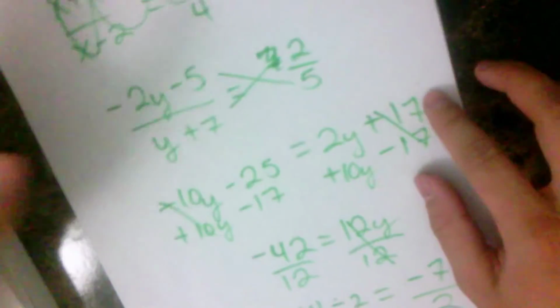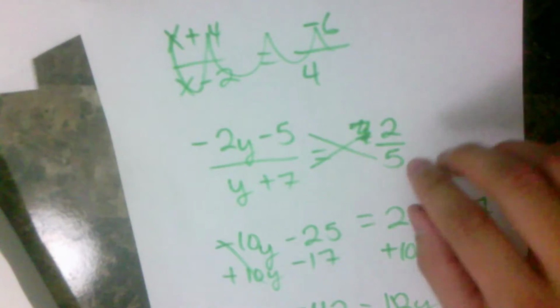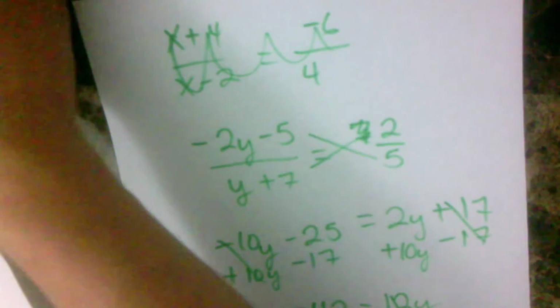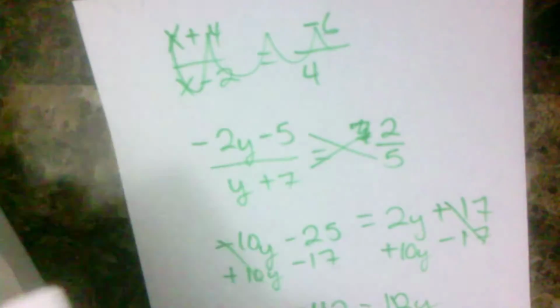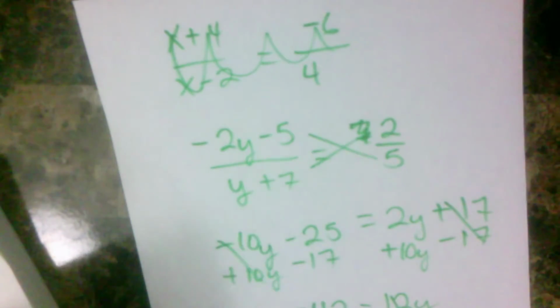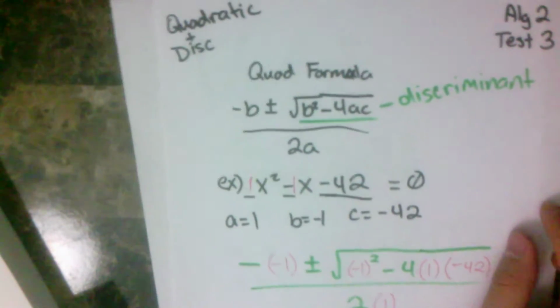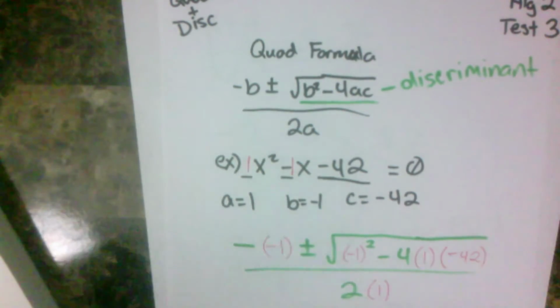Alright, so those are all the problems that are going to show up on our Algebra 2 test. Just to review real quickly: you had quadratic formula, and then you also had the discriminant.